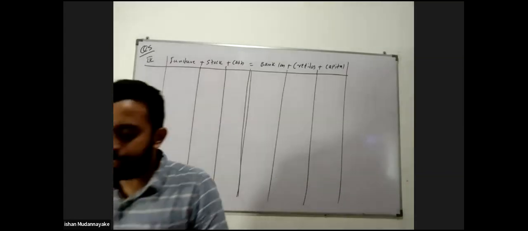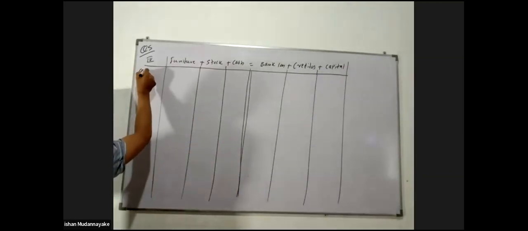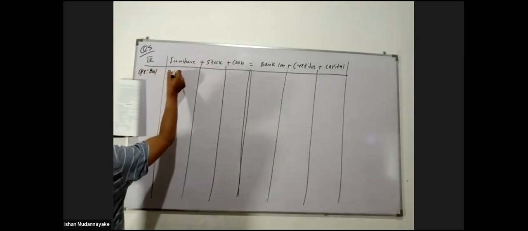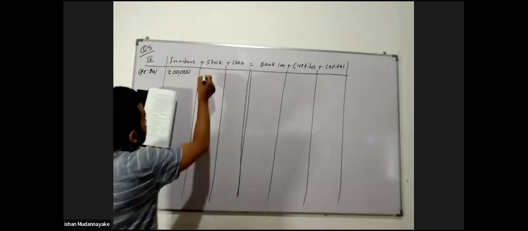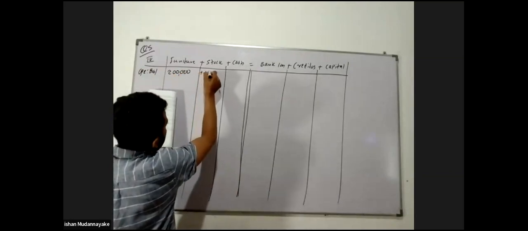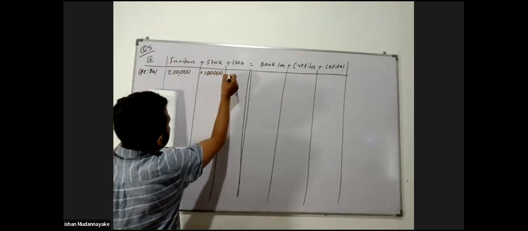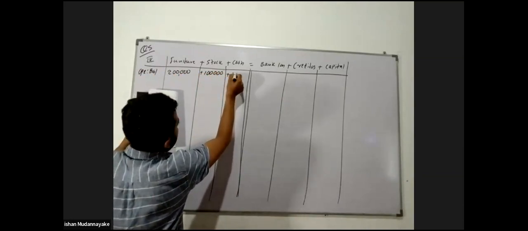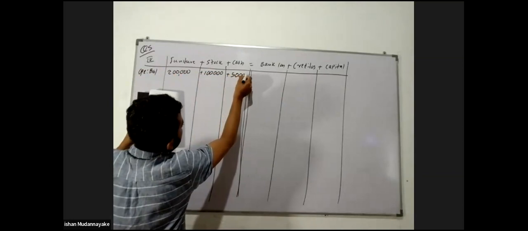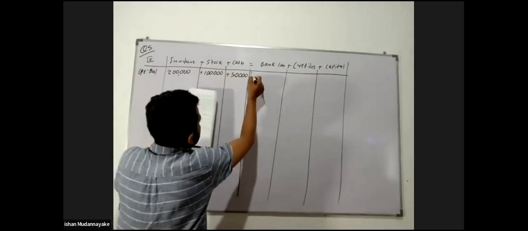But here, what are the opening balances? Opening balances, furniture 200,000. Stock 100,000. Cash 50,000 opening balance.